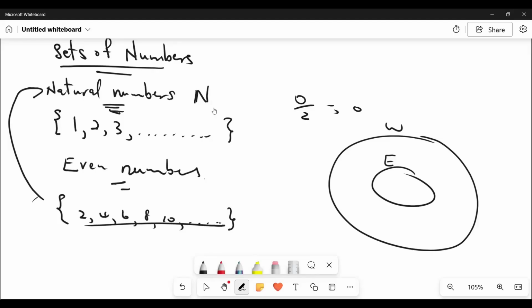So even though all even numbers are whole numbers, there is a 0 out here, so it's in the whole numbers, but it's not even.